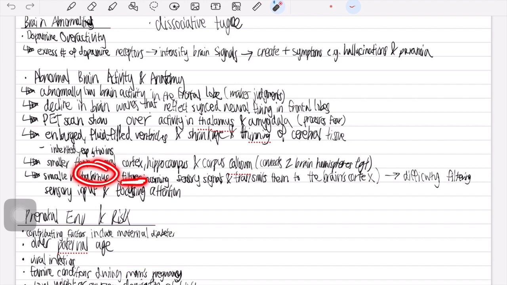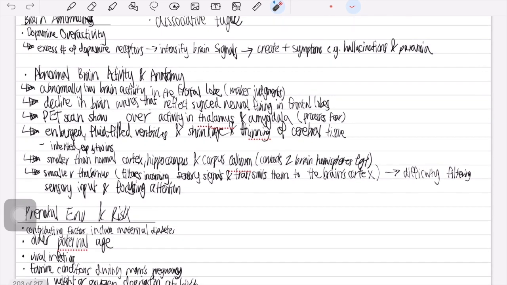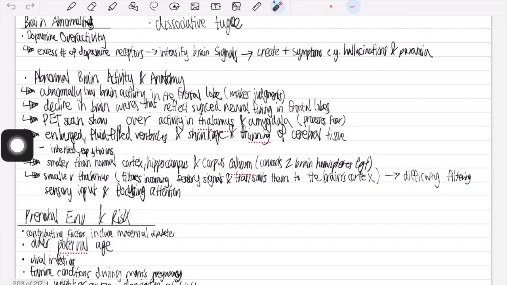So again, the thalamus is in charge of filtering incoming sensory signals and transmitting them to the brain's cortex. So when there's a smaller thalamus, then there is a difficulty in filtering sensory input and it causes inattention.